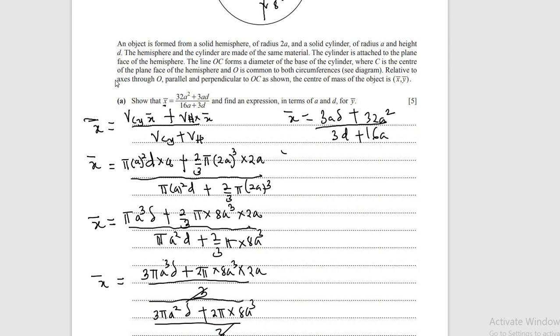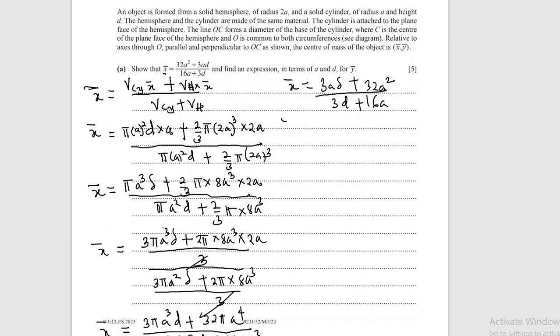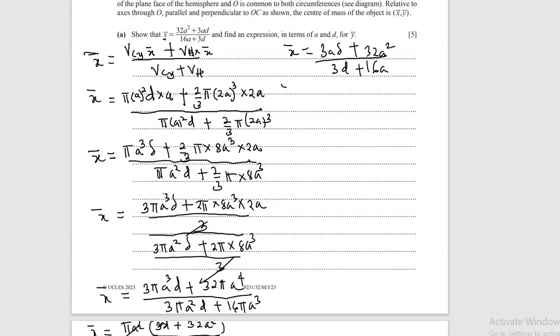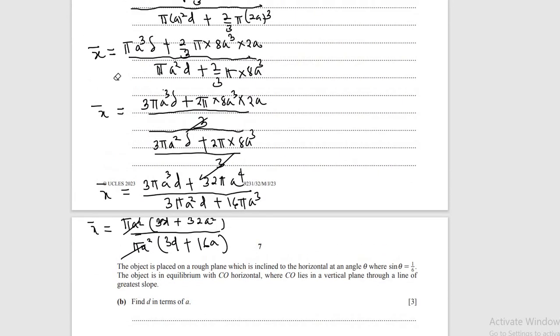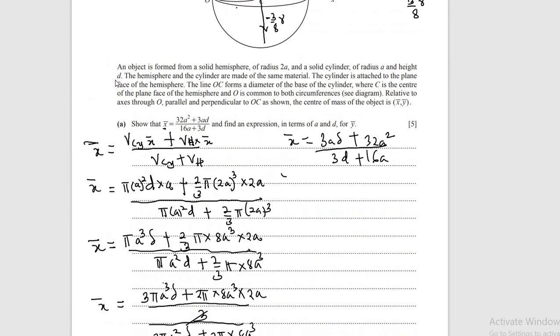The other one, we have to also find, in terms of a and d, the expression for y. For y, it will be the volume of the cylinder multiplied by its vertical center of mass, plus the volume of the hemisphere multiplied by its vertical center of mass, all over the total volume.